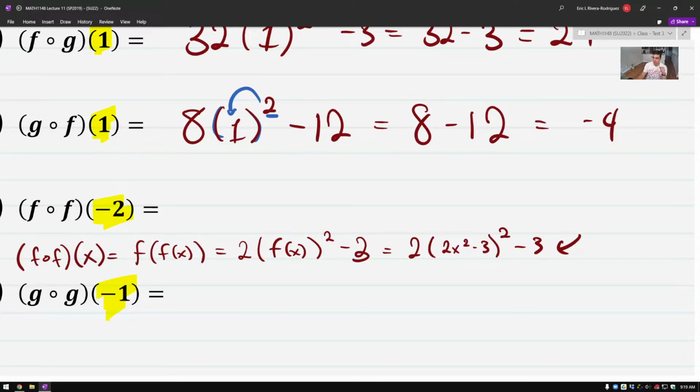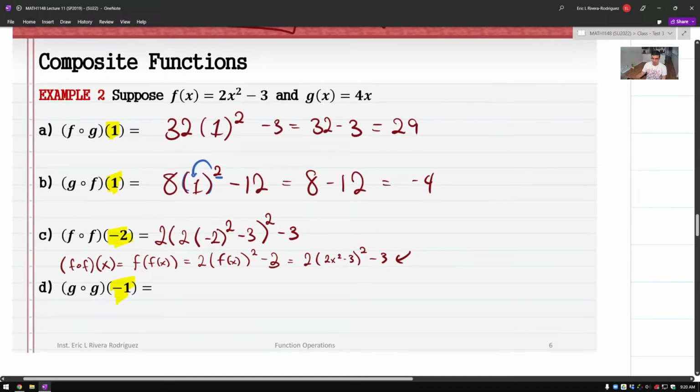Then what we need to do is to replace x with -2. So this is going to be (-2 squared times 2 minus 3), all this raised to the power of 2, times 2, minus 3.